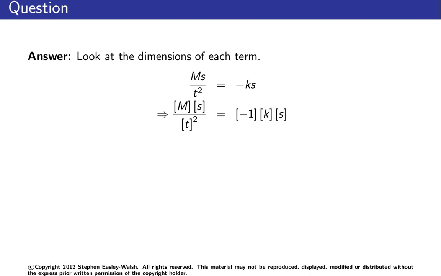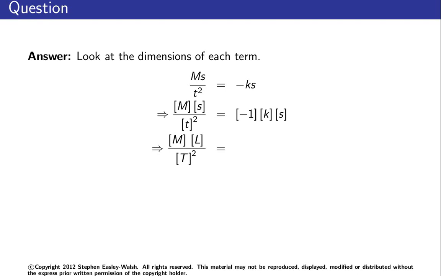So it's the dimension of the M times the dimension of the S over the dimension of the T squared equals the dimension of the minus 1 times the dimension of the K times the dimension of the S. The dimension of the M is mass, and the dimension of the S is length, and the dimension of the T is time.